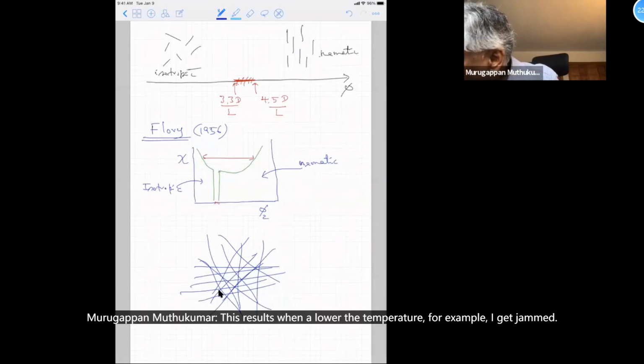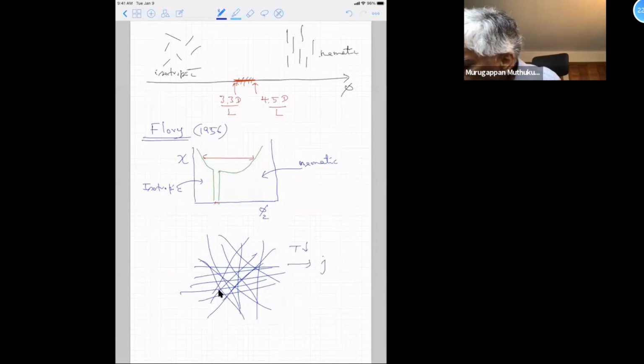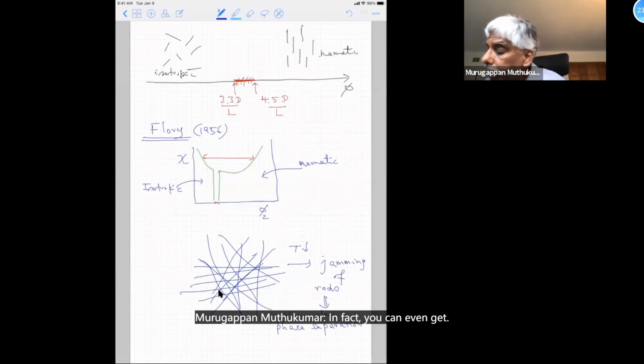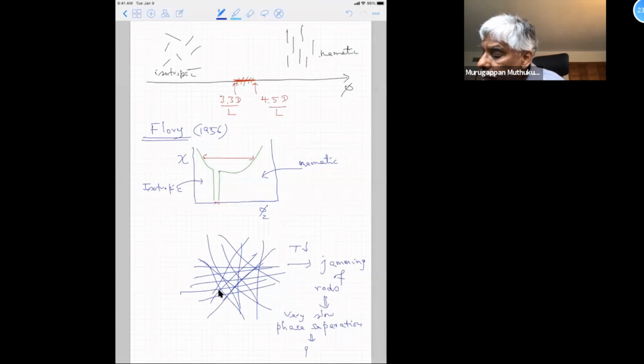This results when I lower the temperature, for example: I get jamming of rods. That means very slow phase separation. In fact, as a consequence of this, you can get gels, which we'll talk about.